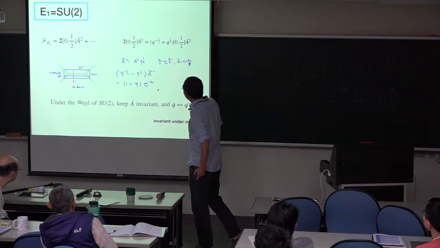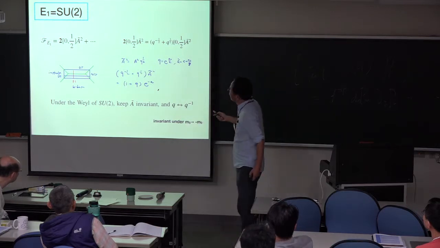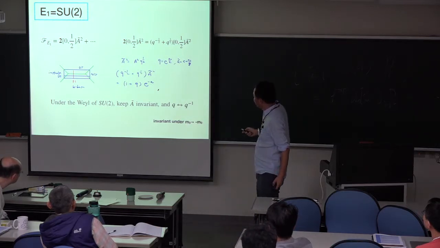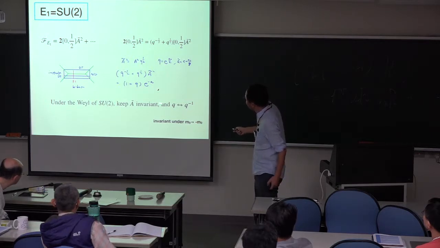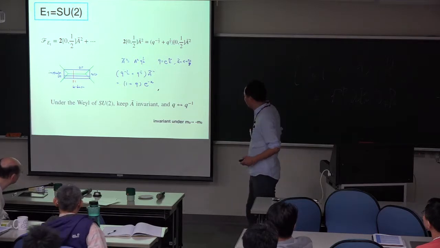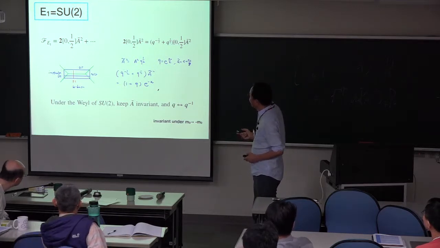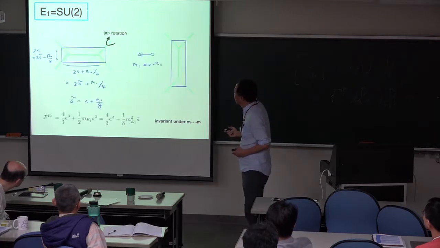That's the character of the two-dimensional representation of SU(2). And this is manifestly invariant under the SU(2) global symmetry, where q inverse is shifted under the Weyl transformation. Now, the question is, can we do that for prepotentials?